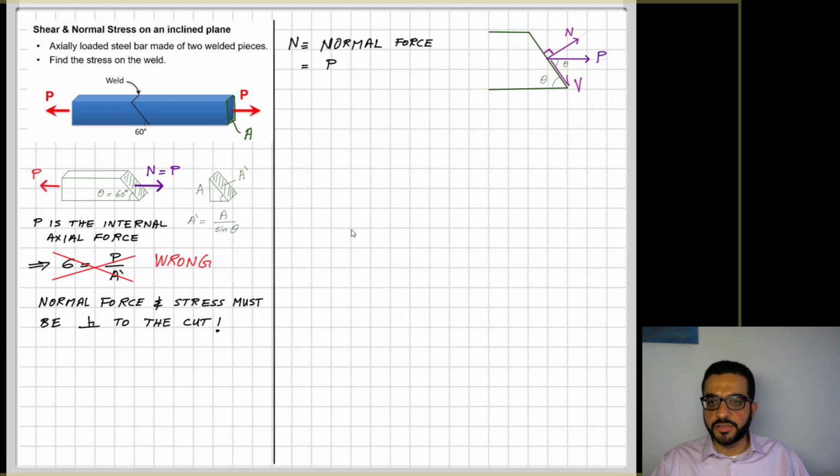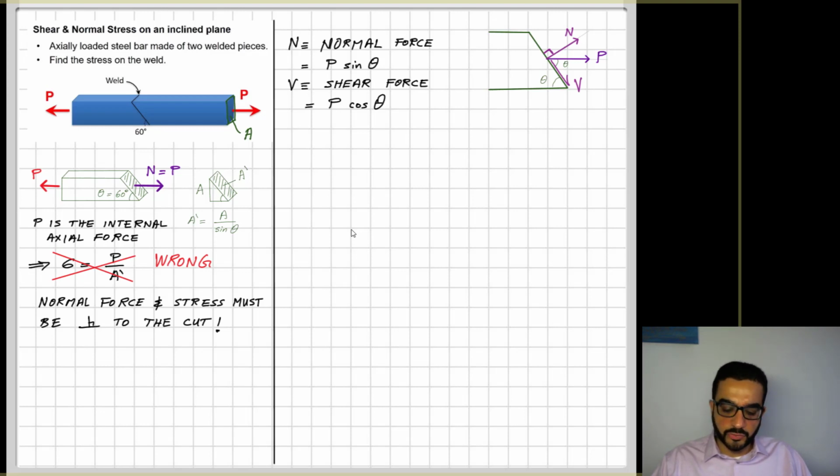Again, some geometry here. If you remember from statics, we learn how to calculate component forces, using the parallelogram method or trigonometry. Please refer to statics to learn how to calculate that. But you see here that N is equal to P sine theta, the opposite angle here is theta, and shear is the cosine component of this.